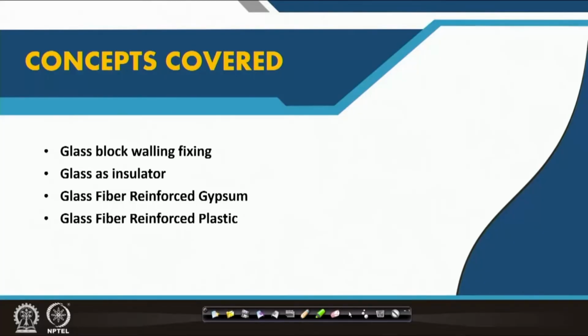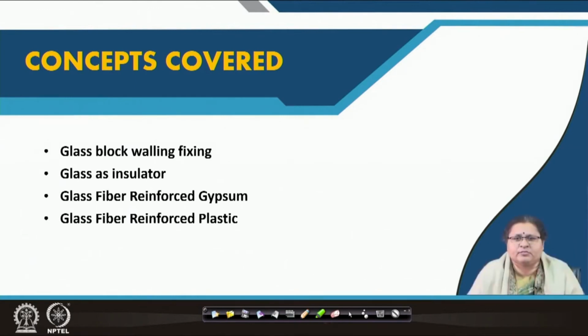So, now we had already exposed you to the glass wall in the previous lecture, where we discussed glass block which is being fixed one after the other to form a wall. Now, what is there inside? Is it like brick masonry putting some mortar, sand and cement mix, or is it something else?